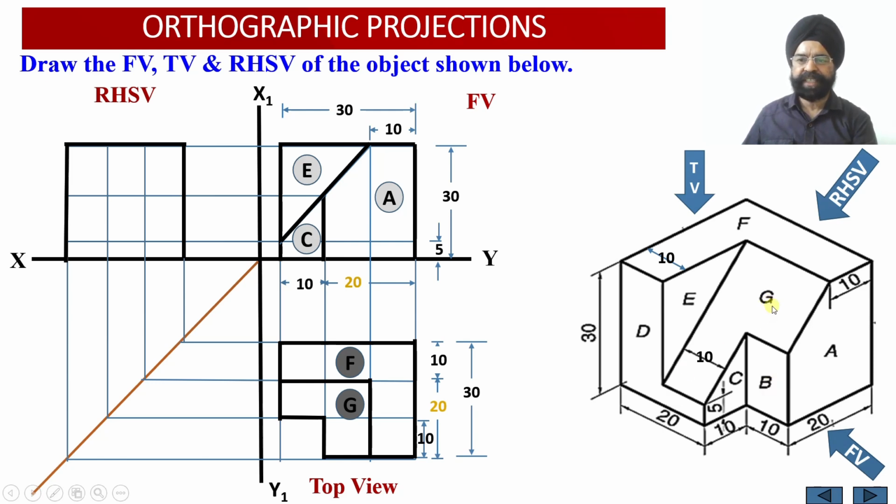Since these surfaces are lying at the back side corresponding to the observer, these three faces are not facing the observer, they are lying on the back side of the solid. So these three faces will be observed as hidden lines or dotted lines.